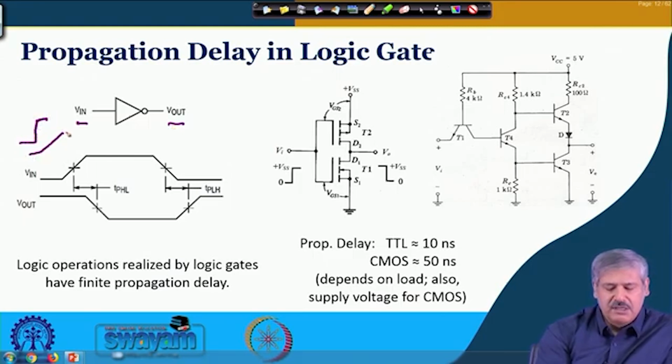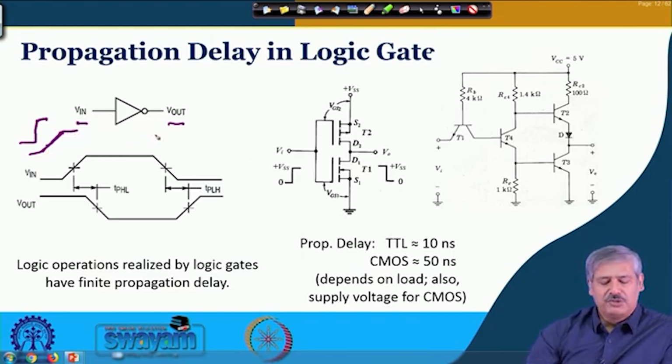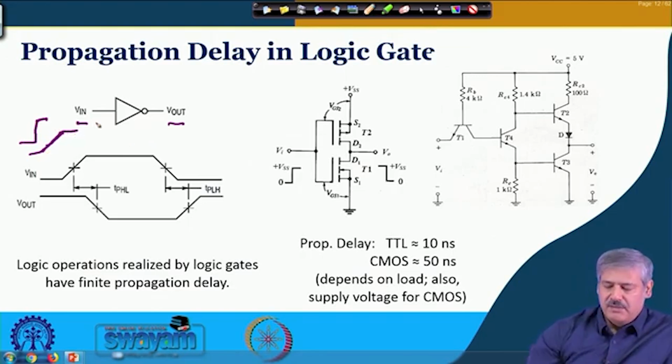There is a finite rise time and finite fall time. On the input side, when it reaches the 50% level at the inverter, the corresponding output falls, going low when it reaches the 50% value. This is the propagation delay at the output, high to low.